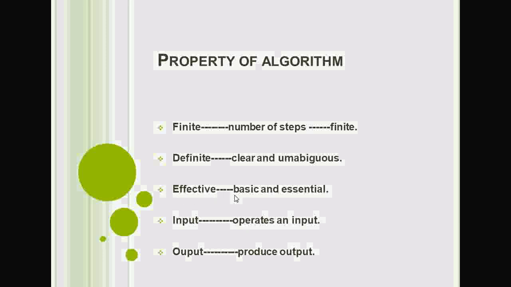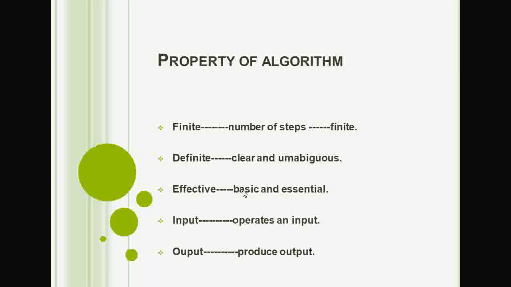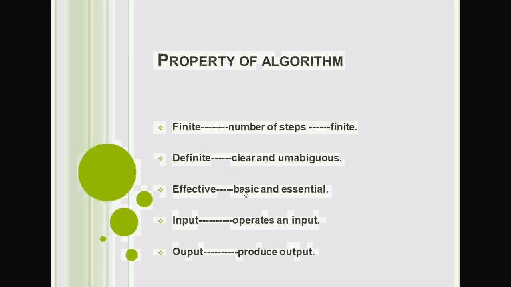Effective: each and every instruction should be very basic, and mathematical calculation should be used only if it is essential. If you are using a formula combined of a lot of symbols, like plus, minus, square root, that mathematical formula should be broken down into a simple way. That comes under the property effective.